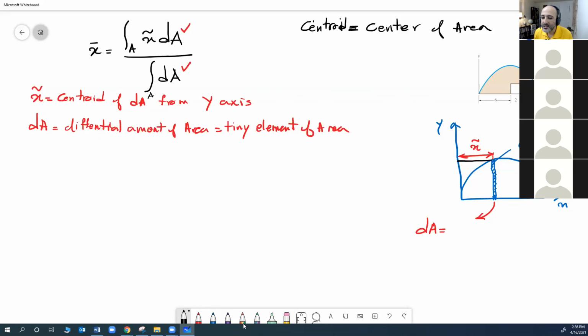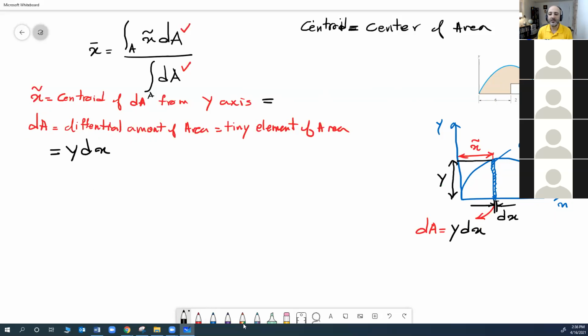It's this length, which is y, multiplied by this very thin length, because it's on the x-axis, it's a differential amount of x, so it's dx. So dA in this case is y dx.